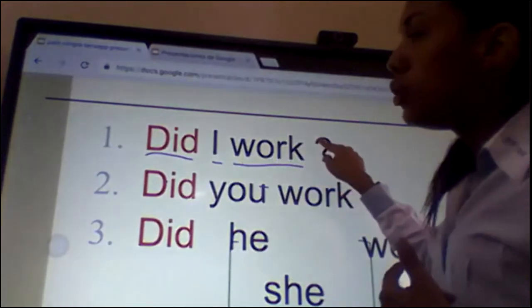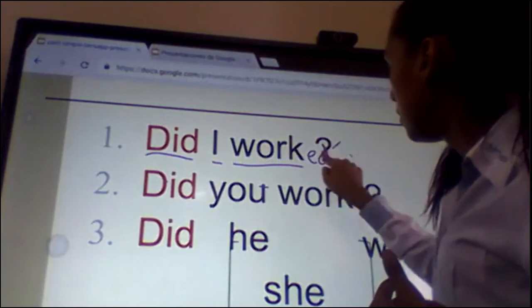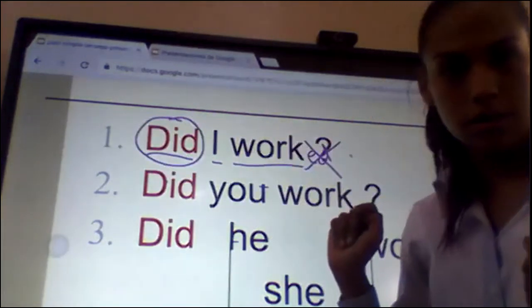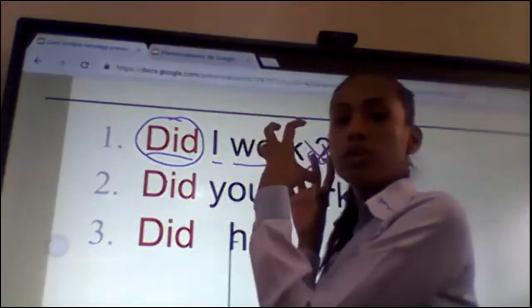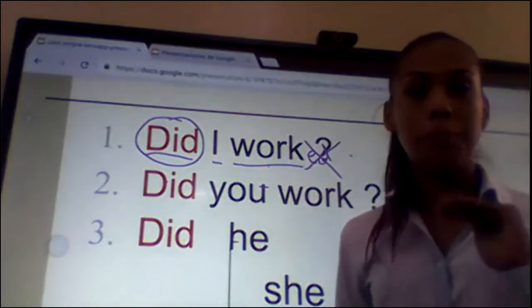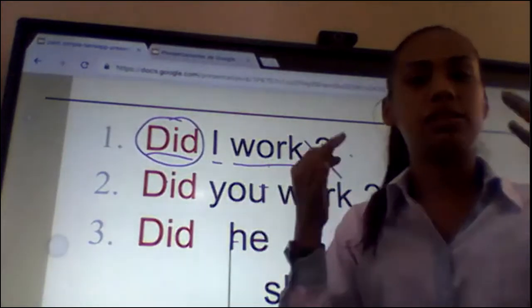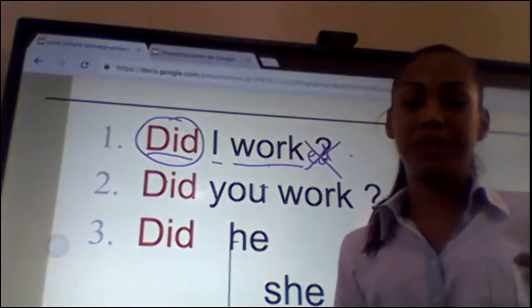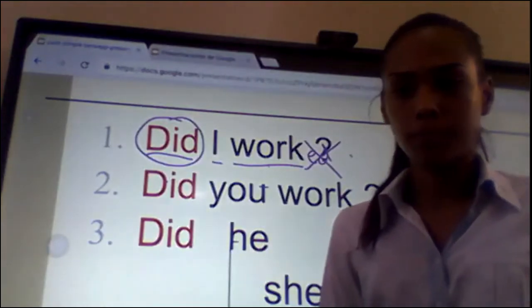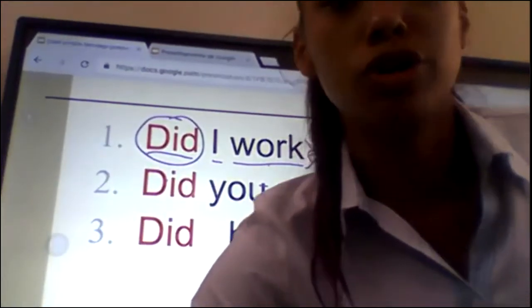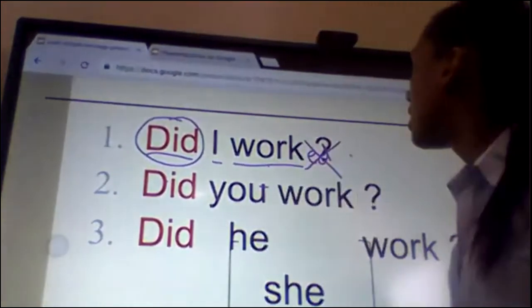Again, verb not with ed because I have the particle of past here. Entonces, si empiezo mi oración con did, the verb is not going to be in past. The verb goes in base form, in present form, if we can call it that way, but the name is base form. In the basic form, the verb exists with no conjugation, right?